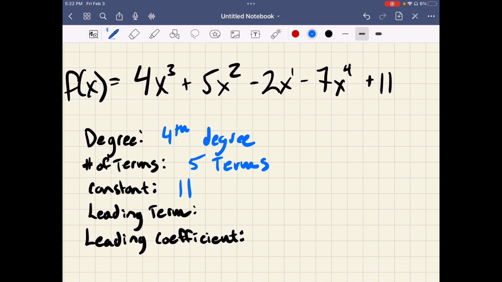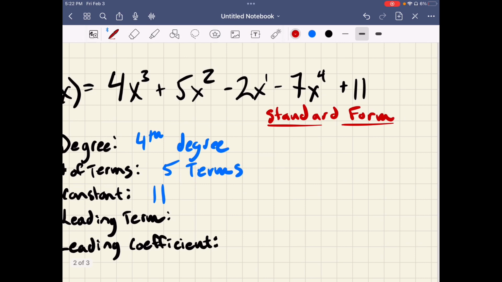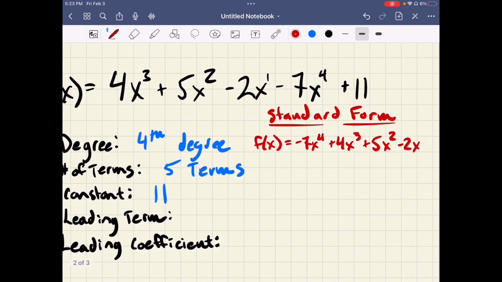In fact, if we want to rewrite this in what we call standard form, it's going to be important to know what form you're in as we move forward. That is when I take all of my terms and rewrite them in descending order of my exponents. All I really did in this case was rearrange and put the negative 7x to the 4th out in front and bump everything over.